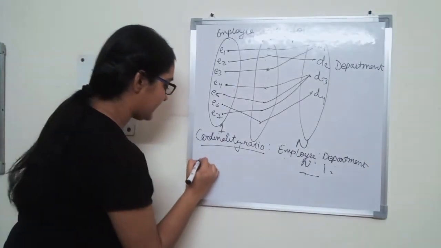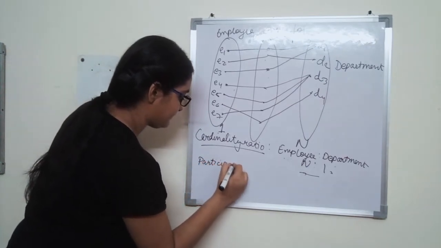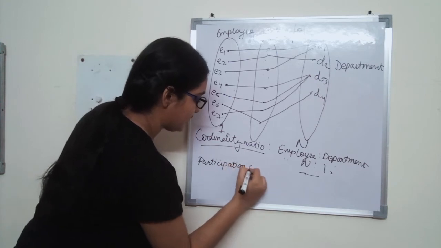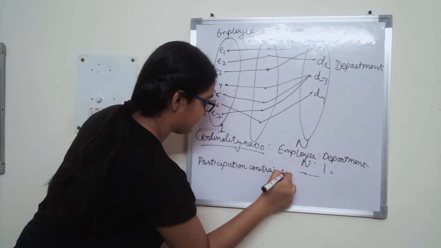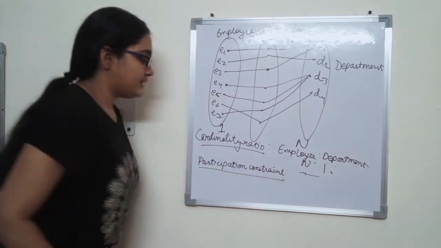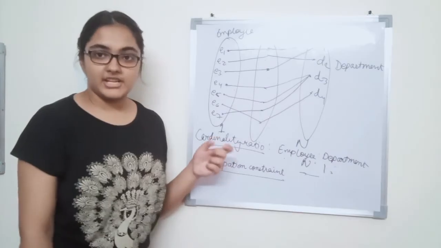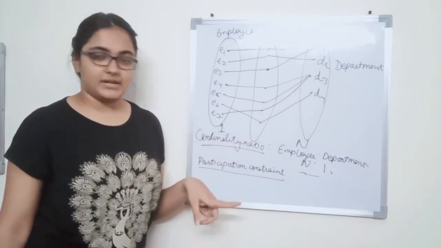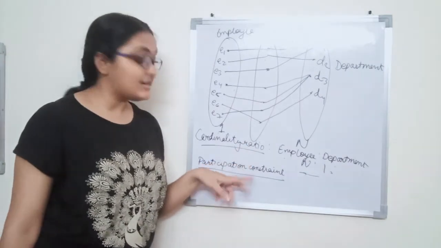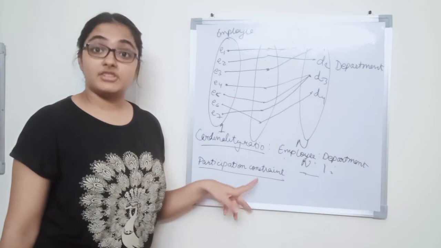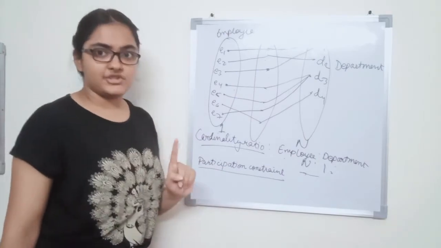Next we talk about participation constraint. Participation constraint means the minimum number of relationship instances in which an entity can participate. So the cardinality ratio is the maximum number of relationship instances and this is the minimum number. So E1 can participate in a minimum of how many relationship instances?